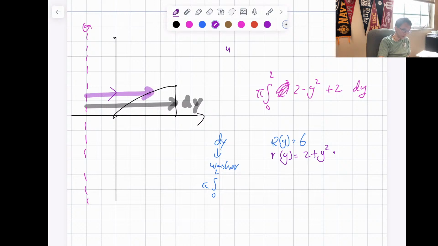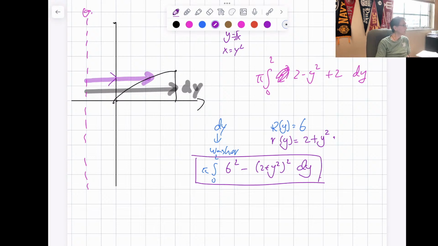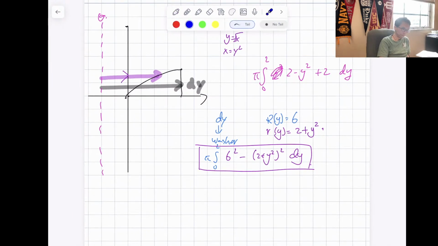So y equals square root x, so x equals y squared. So that's going to be 6 squared minus (2 plus y squared) squared dy. Did everybody get that? You add 2 because the axis of rotation is at negative 2.